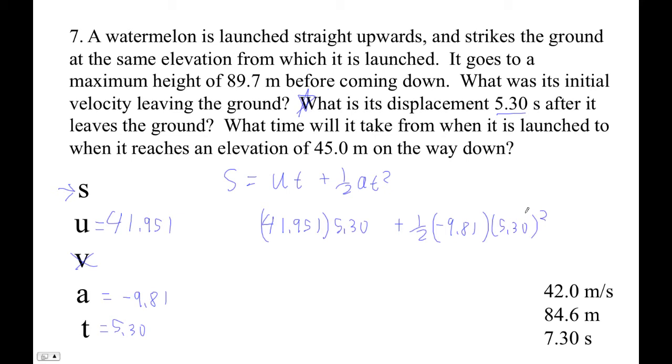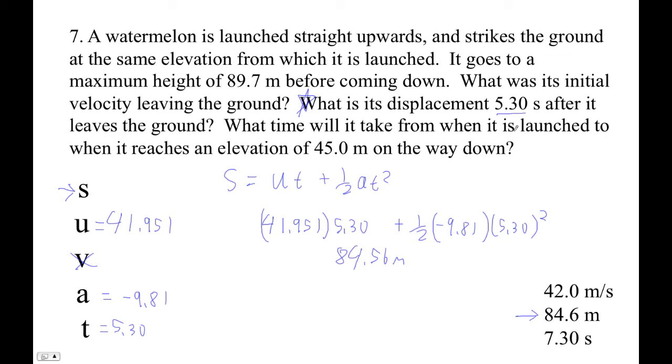That answer right there times 5.30, plus 0.5 times negative 9.81 times 5.3. Don't forget to square the 5.3. Okay, I get 84.56. So correctly rounded, it's 84.6.